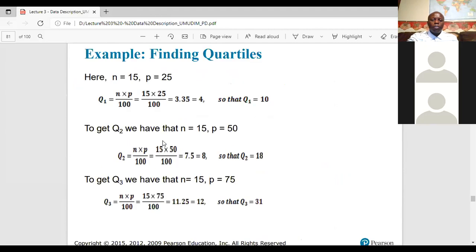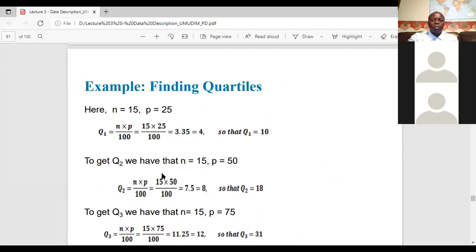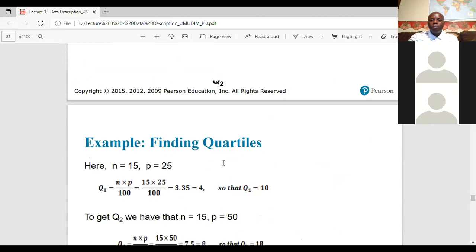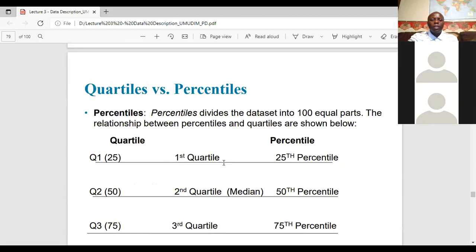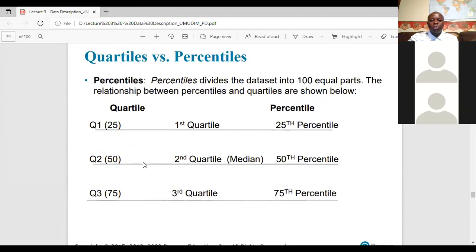Now, for Q2, you do the same thing. N is 15 and P is 50. Remember why P is 50? Because Q2 is halfway, the 50th percentile, which is the second quartile.